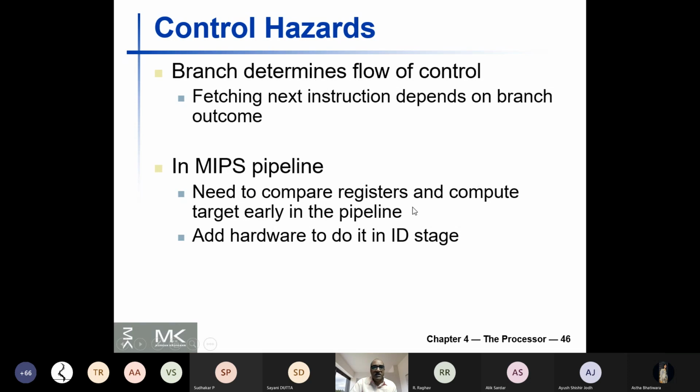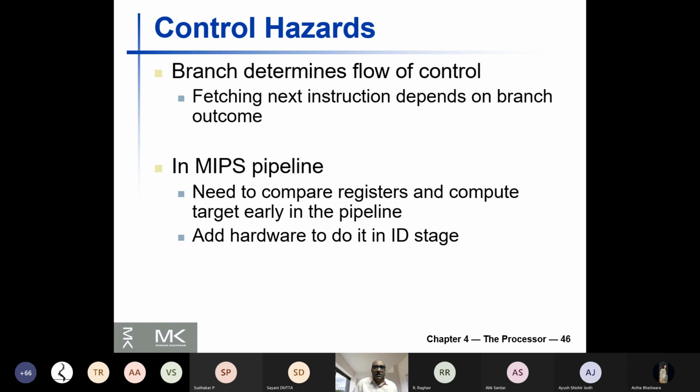But to perform this branch instruction, the comparison operation and the branch calculation usually happen in the third stage, and the result will be available in the fourth stage. So the comparison will be done at the third stage, but the result will be taken at the fourth stage.